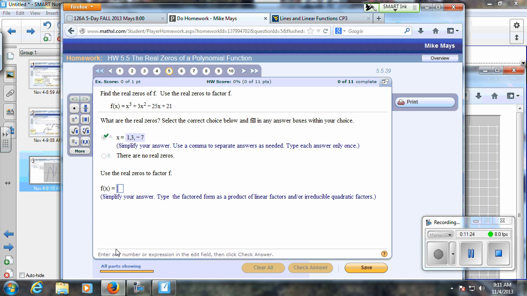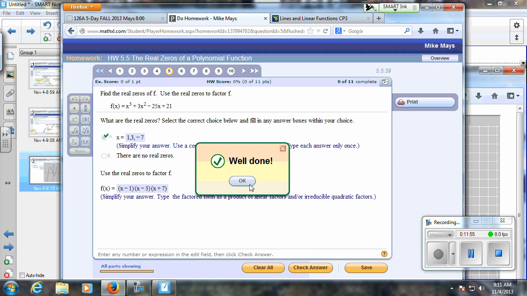So the factors of f look like x minus 1 and x minus 3 and x plus 7. My MATLABS is more forgiving than the graphing utility because it doesn't make me write the star in between for multiplication. That's easy to forget, so we'll put that in and see that that's okay.